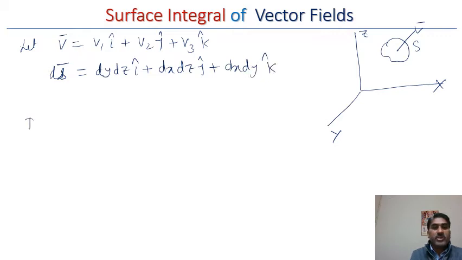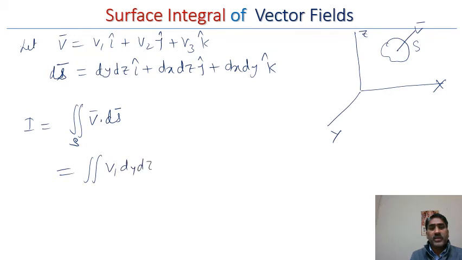So you need to find the integral over the entire surface of v dot ds, and that comes out to be the integral of v1 dy dz plus the integral of v2 dx dz plus the integral of v3 dx dy.